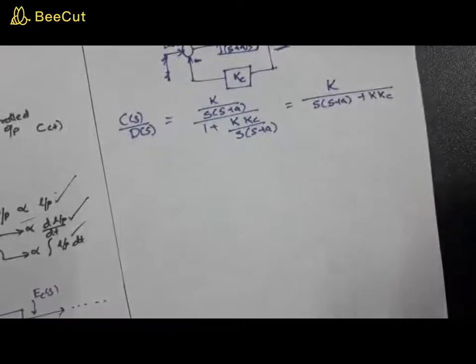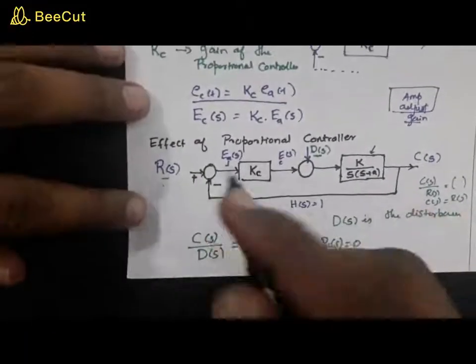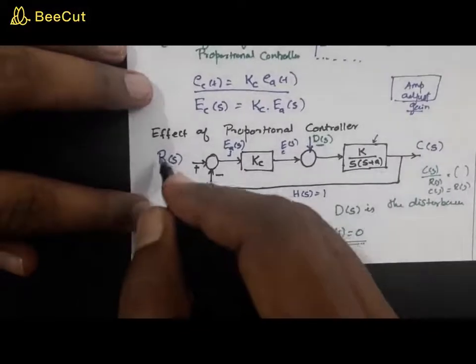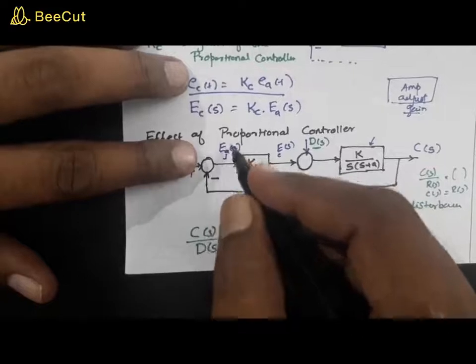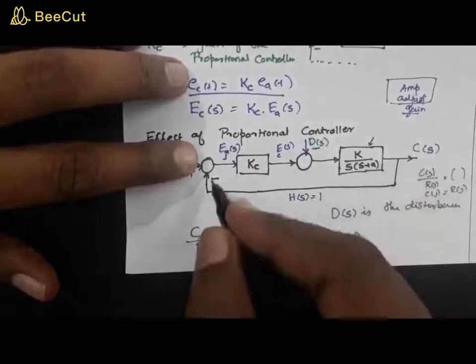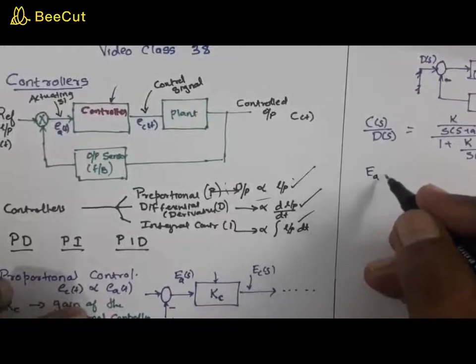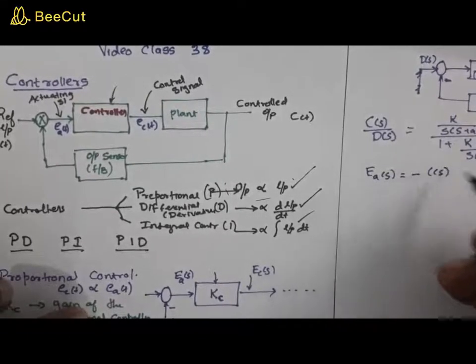Now look at this figure again. What you have done is you have made this R(s) to 0. So R(s) is 0 means what will be your Ea(s)? Ea(s) will be negative of C(s), right? So from this figure you will get Ea(s) equal to minus C(s).